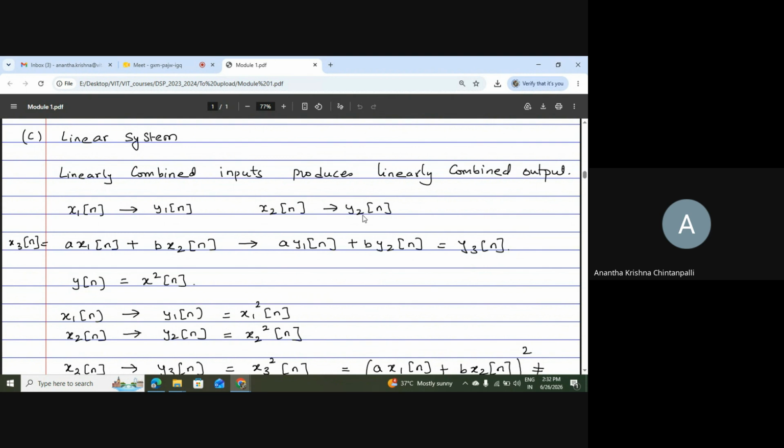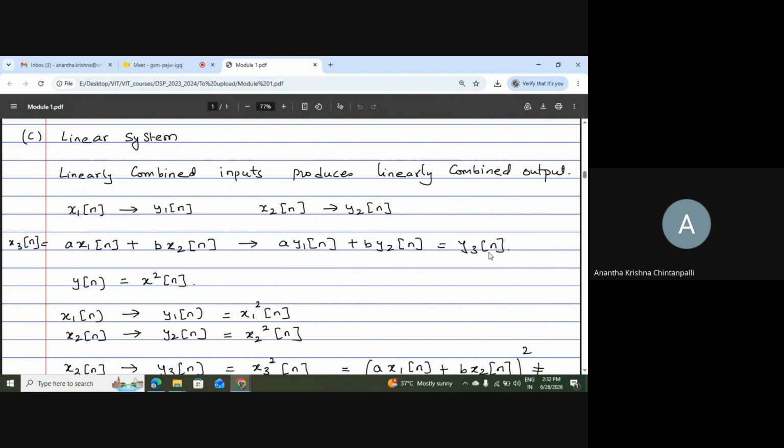So the linearly combined input, meaning that a x1 of n plus b x2 of n, which is nothing but x3 of n, should produce linearly combined output, which is a y1 of n plus b y2 of n. This is going to be y3 of n. So it means that if I give x3 of n, I should get y3 of n.